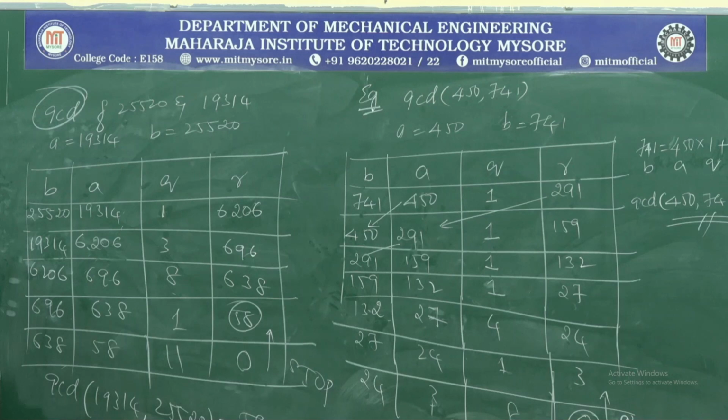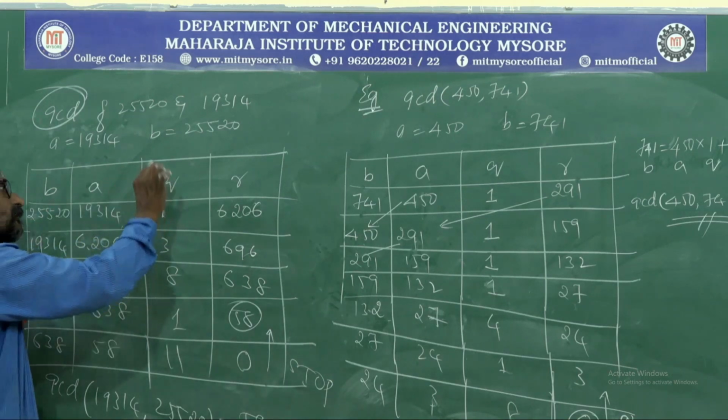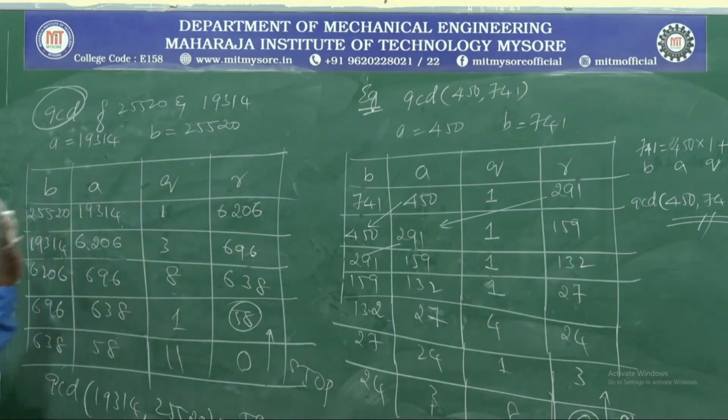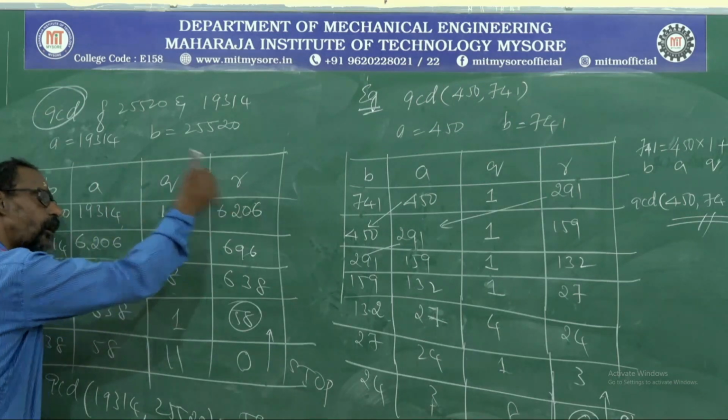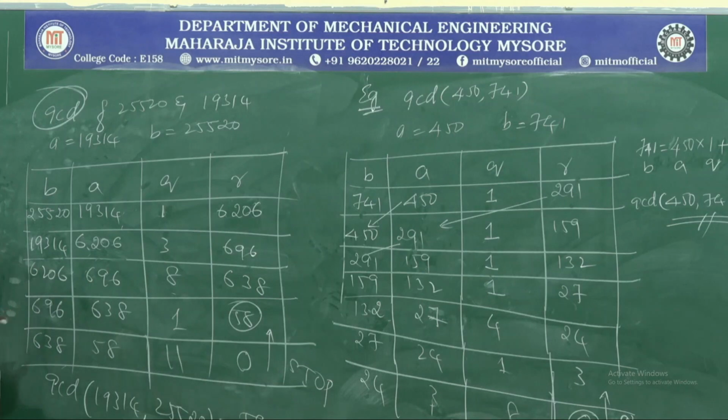If you have a scientific calculator, you can enjoy getting the Q and R with less difficulty. So I got the B, I got the A. I can find the Q using calculator, I can find the R using calculator. There is some technique. If you follow the technique, you can easily enjoy. I'll show you one such case.